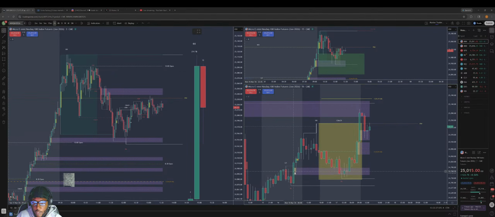Actually, let's look at it from yesterday. We see Monday overnight price action pushed up, and then we pretty much stayed sideways until coming down into the overnight price action. If we remember, the market is only going to go three directions: up, down, or sideways.